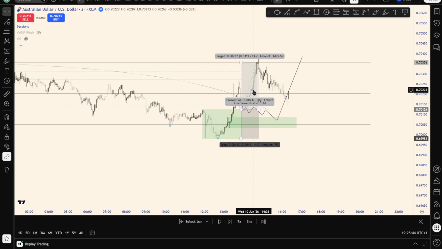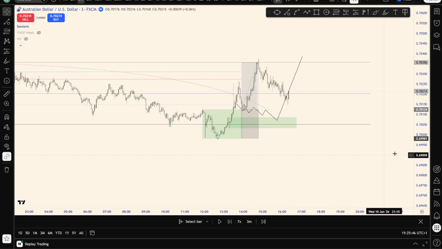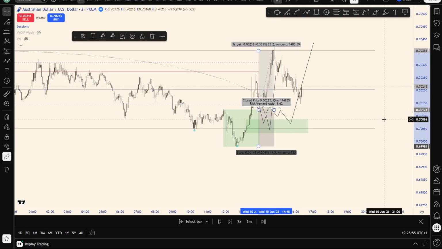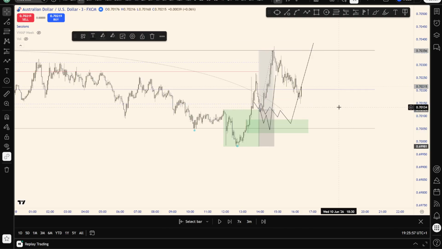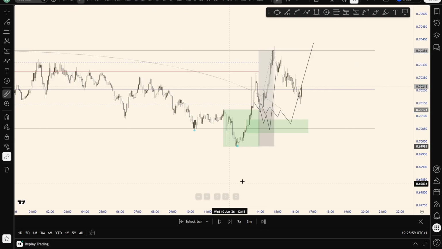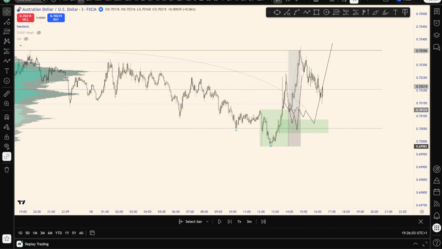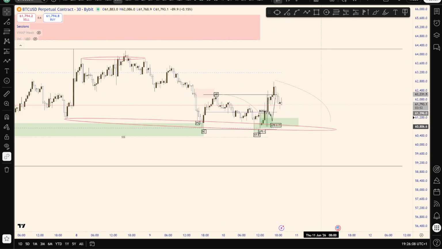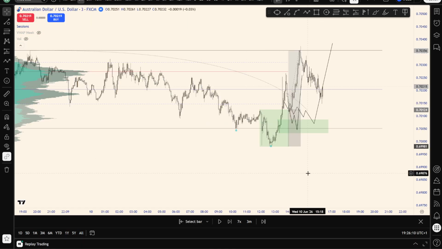Making like 1.6 RR with a very good risking opportunity. Even if price went up here, I could definitely enter here for a 1.6 RR in 45 minutes, 1 hour, plus these 1.4 RR in an hour.